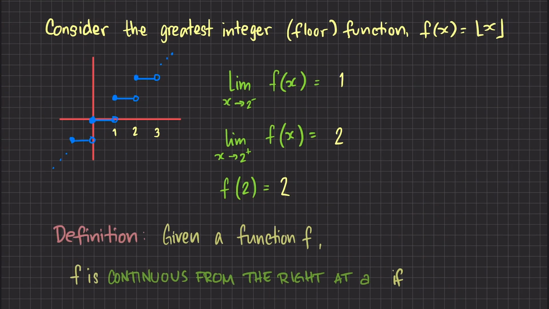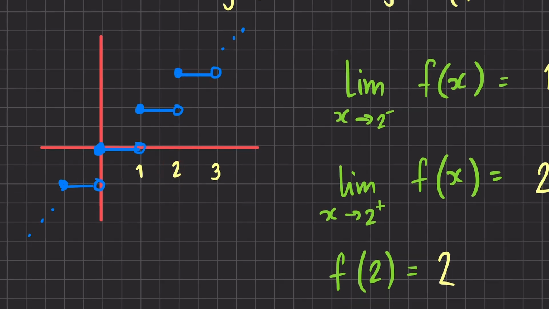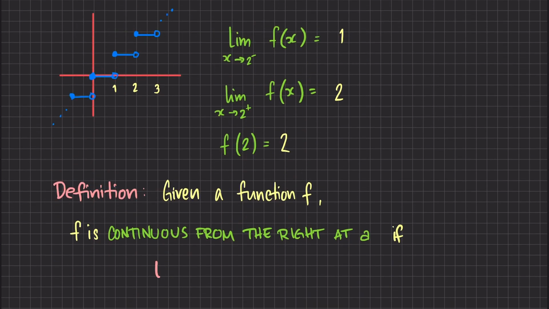So based on that, let's form the following definition na given a function f is continuous from the right at point a. So ang case natin ditong tinitignan, no, yung 2 and continuity from the right. Ano yung rule natin sa continuity? The limit is the same as pag in-evaluate natin yung function doon. But now, since we're only looking from the right, we'll only evaluate the limit from the right.